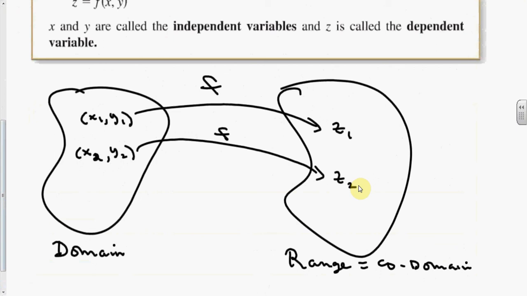That is that if this is to be a true function, I cannot have the second ordered pair here somehow being mapped to another range value. We would say then it wouldn't be one-to-one.